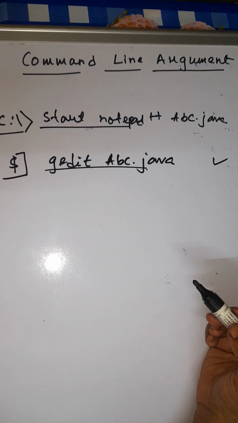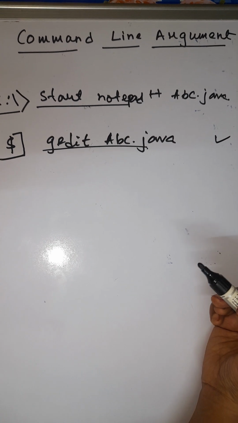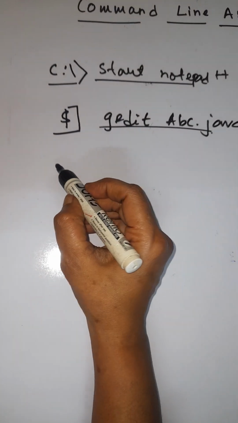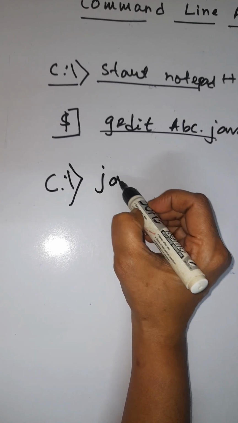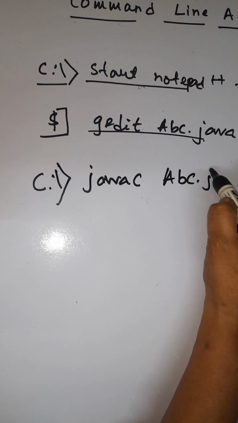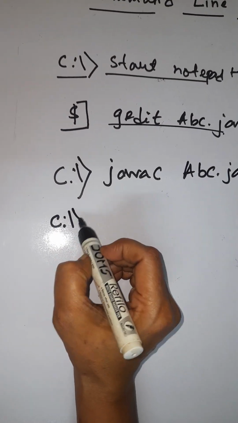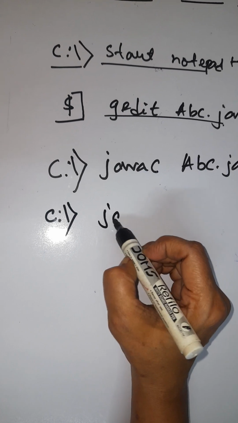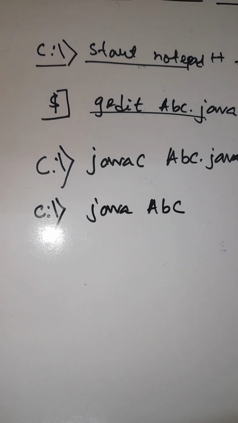Clear? So maybe if you want to pass your value when you execute your program, how do we execute our program? Normally we compile our file like this, that is javac abc.java, right? After successful compilation, normally we execute our file with java and the class name, like this, right?